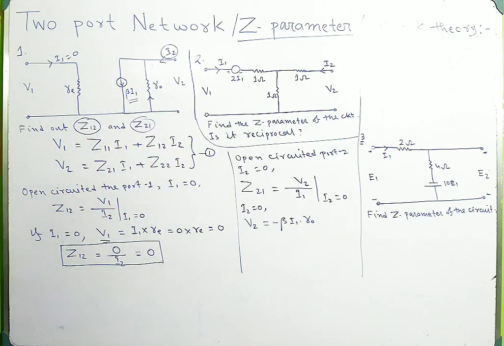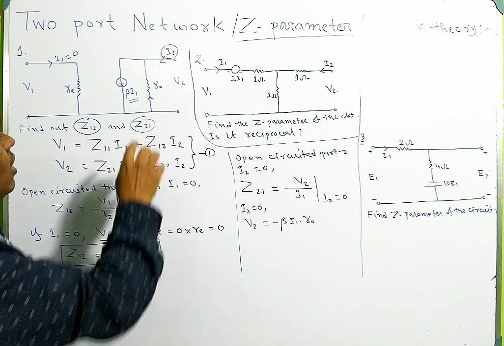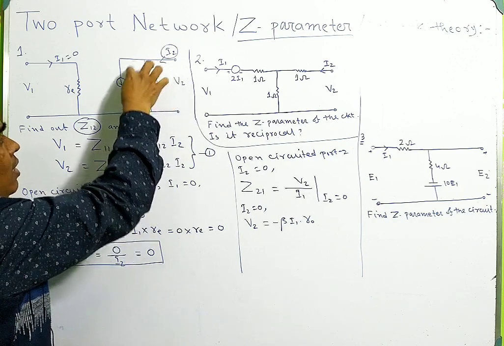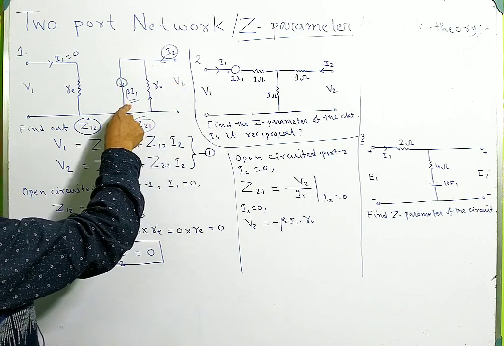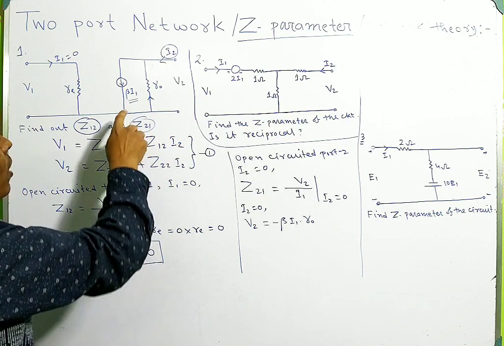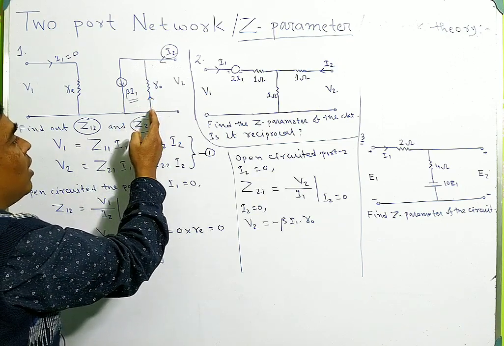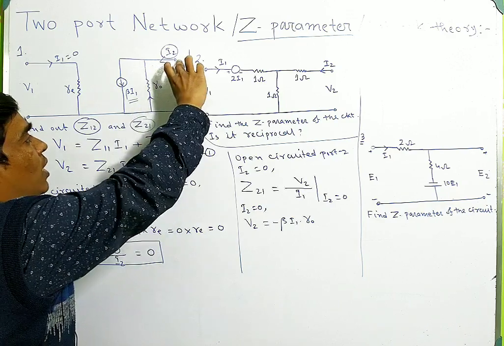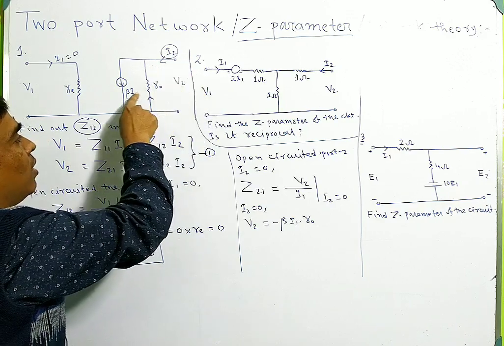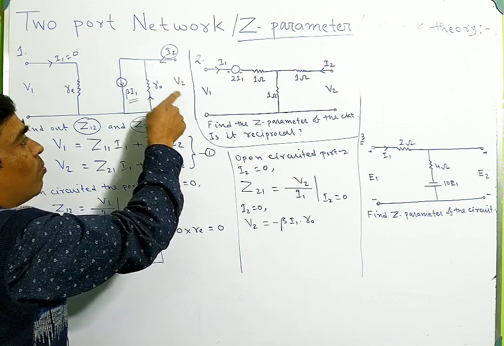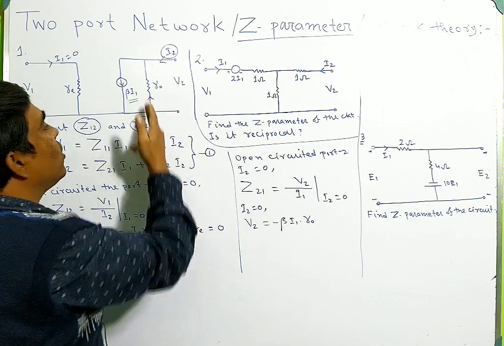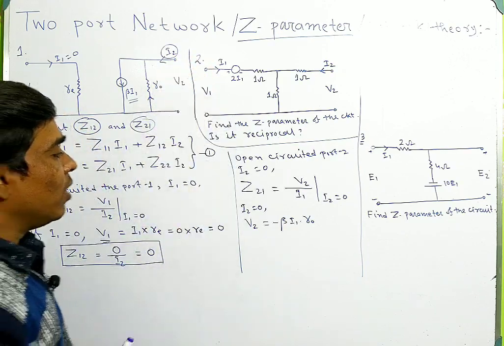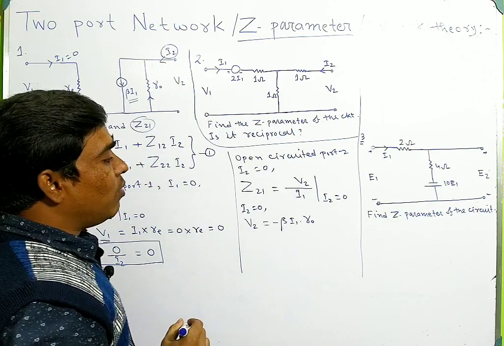The only current present in this circuit is beta I1, because I1 is not 0. So this current will pass through resistance R0, and the voltage across this terminal would be beta I1 into R0, but it is negative because the direction of the current is opposite to the calculation of voltage. So this is minus beta I1 R0.